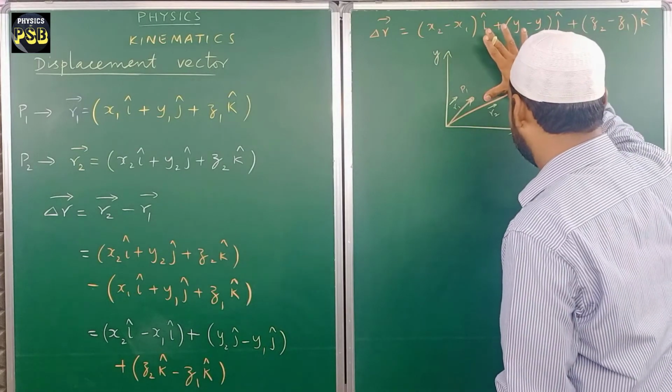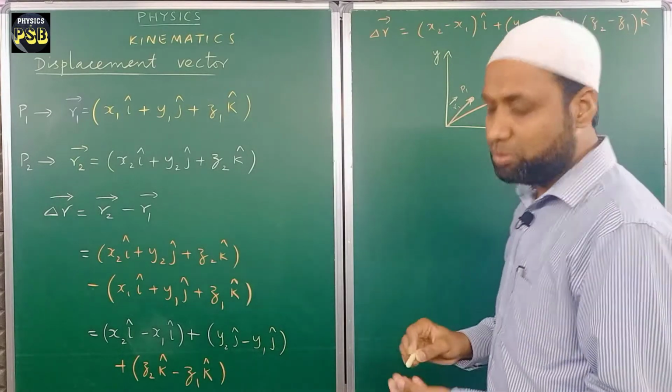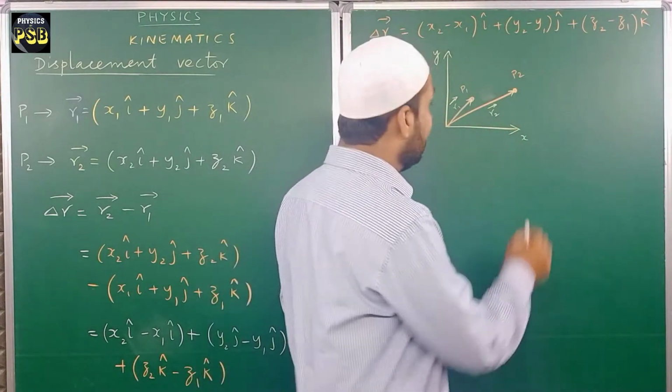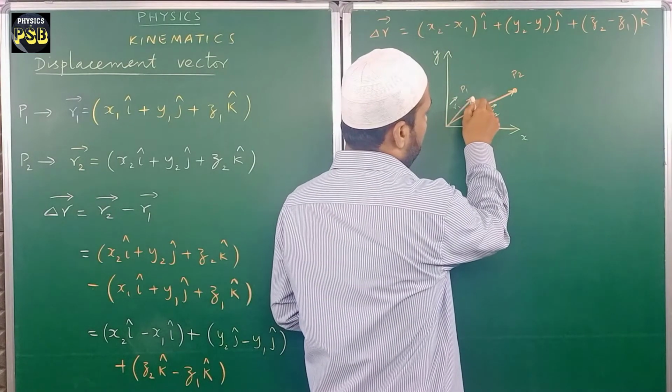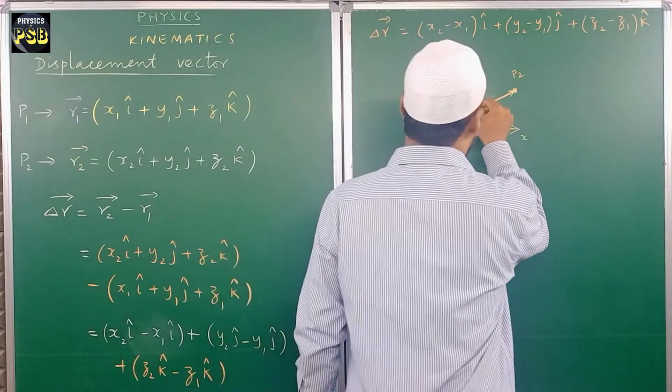Now how do we represent the displacement vector? Let me show this to you. You see here, I connect the points P1 and P2 with the help of a line with an arrow mark.